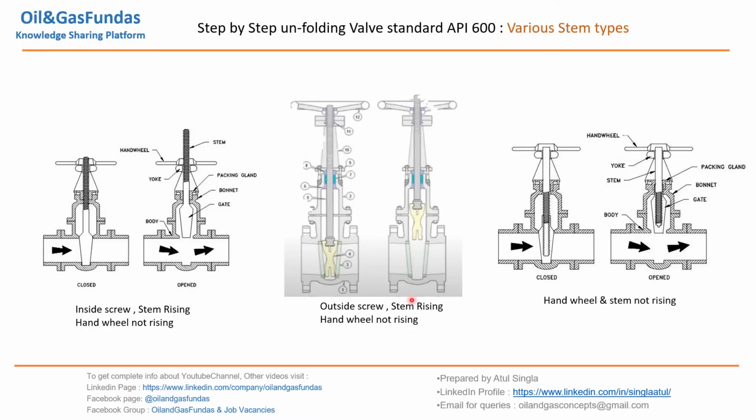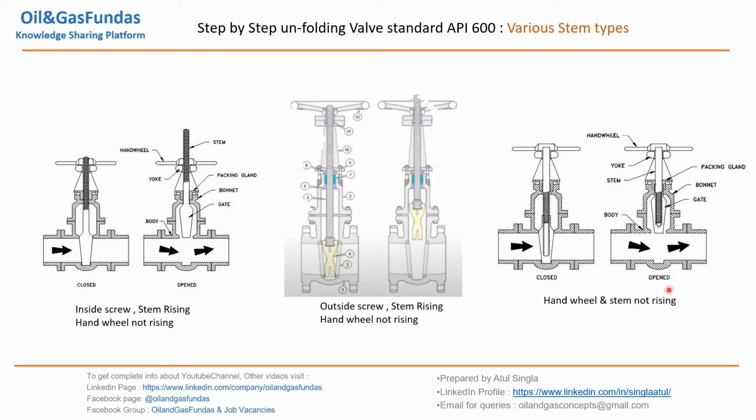The stem is rising, the handwheel not rising. Same here, the handwheel is staying there, but the stem is rising. The only difference between the two is that the outside screws are outside the pressurized system. One is coming inside, this is outside. So this is the only difference between the two.